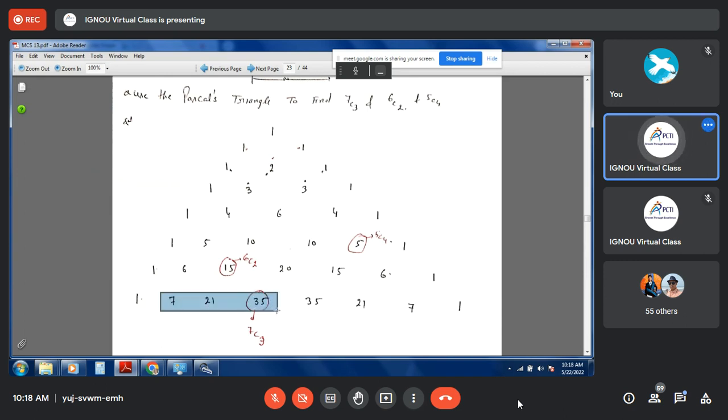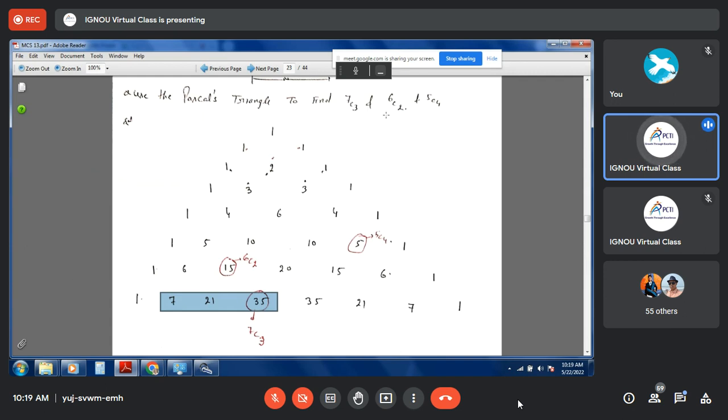And the answer is 35. 7C3 is 35. If you use the formula, the answer will be the same. So 7, it is first, it is second and it is the third.